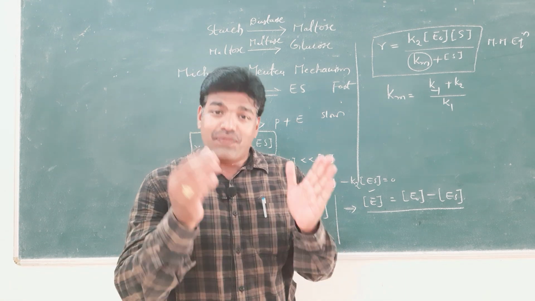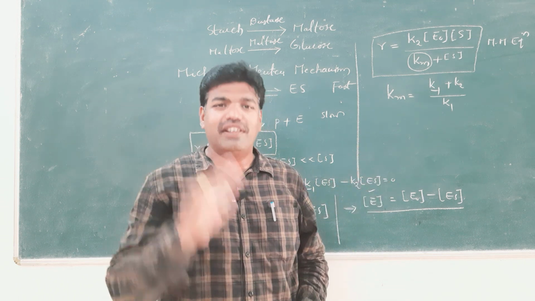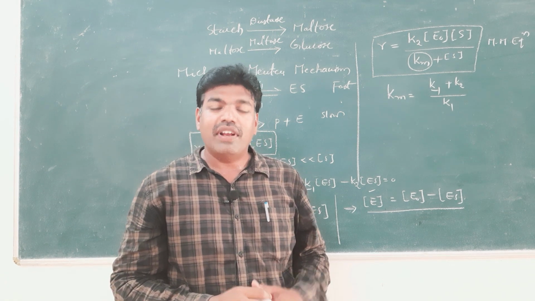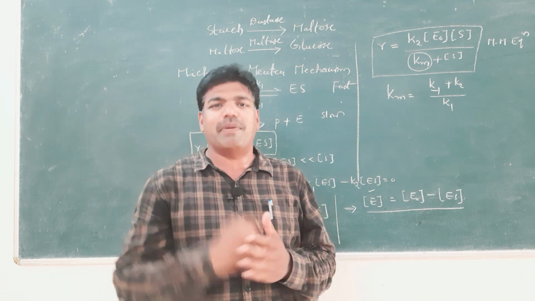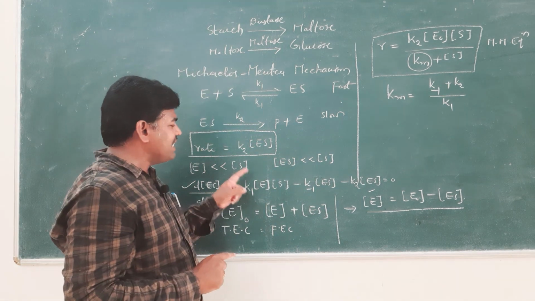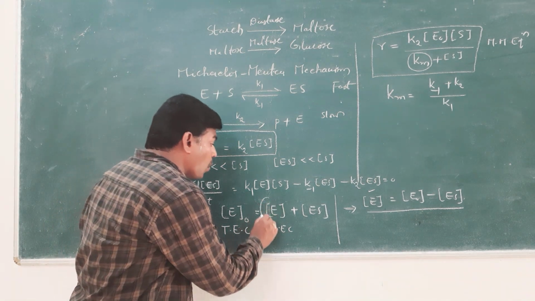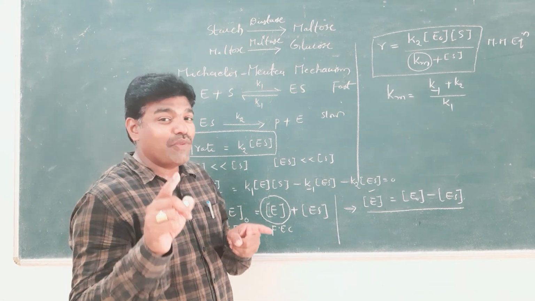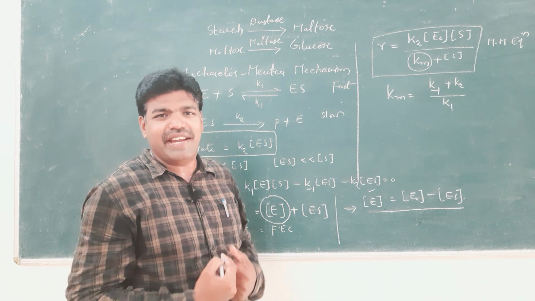So, when all the enzyme concentration is over, that means the rate is maximum. When all the enzyme is exhausted, there is no free enzyme remaining.